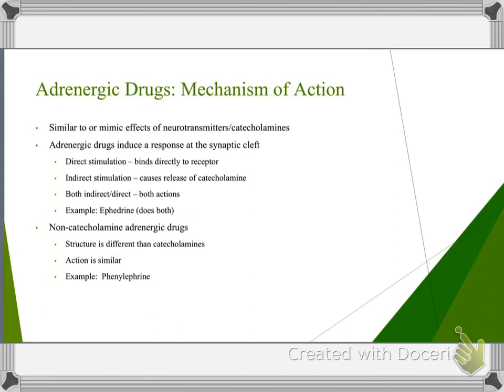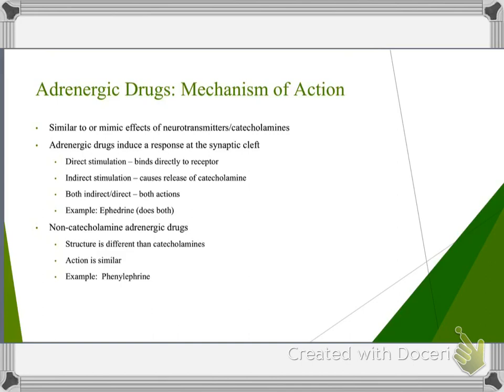Now the adrenergic drugs can induce a response at the synaptic cleft. They can do direct stimulation, which means it binds directly to the receptor. They can cause indirect stimulation, which means it causes release of the actual catecholamine from the nerve endings, okay? Or it can do both. So it can bind directly to the receptor and it can cause release of the catecholamines.